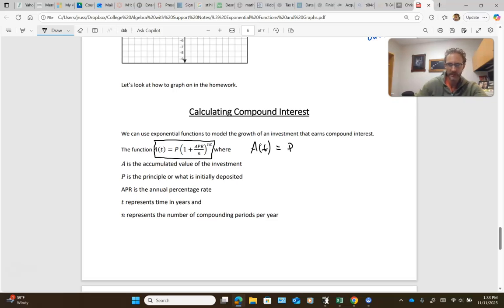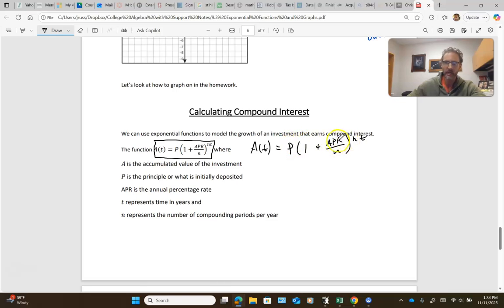Okay, so I'm going to write this out, and we'll talk about it for a second. This formula for calculating the amount of money sometime in the future that earns compound interest has some parameters here.